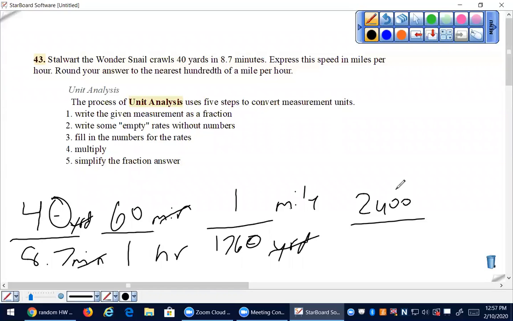8.7 times 1760. And I'm going to divide 200 divided by 15.312.